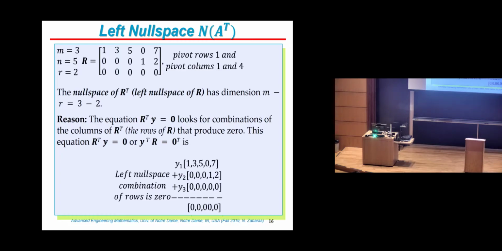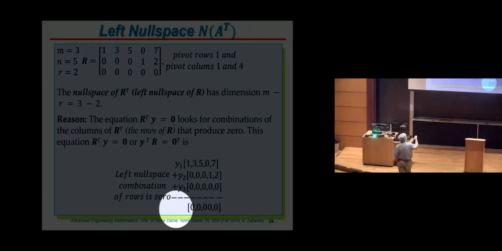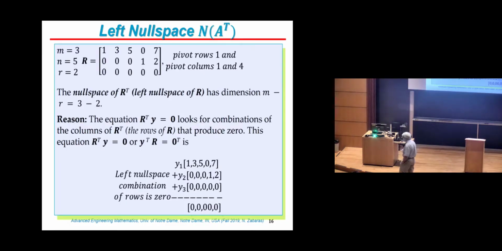What non-zero y vectors can you get that satisfy this combination of the rows to be equal to 0? What is the solution for y1, y2, y3?